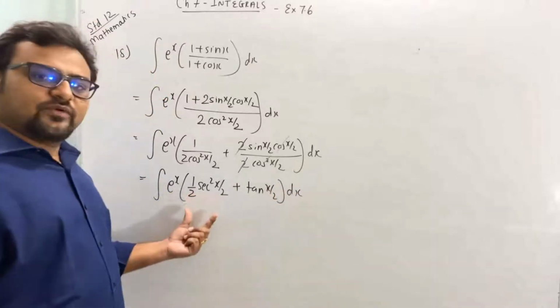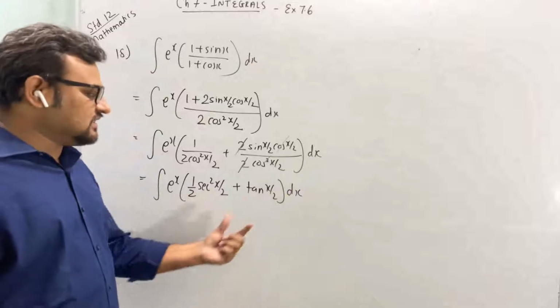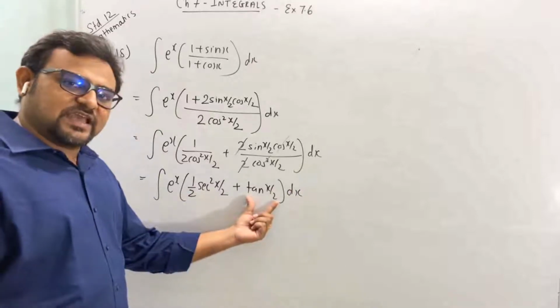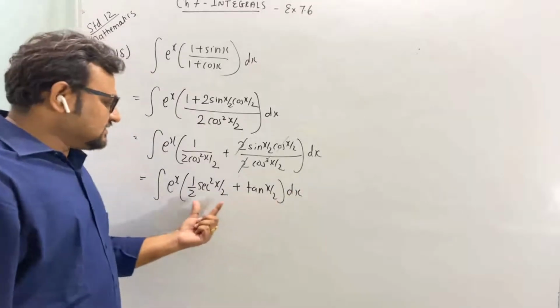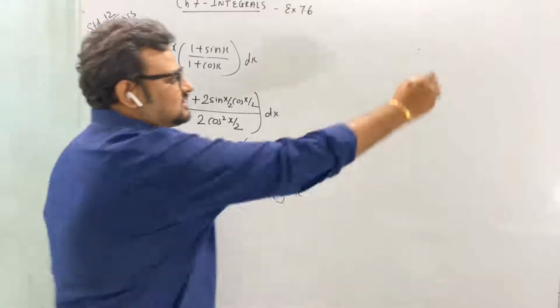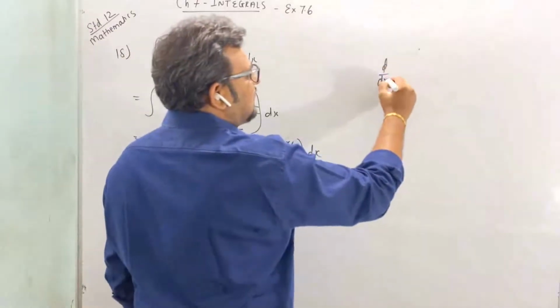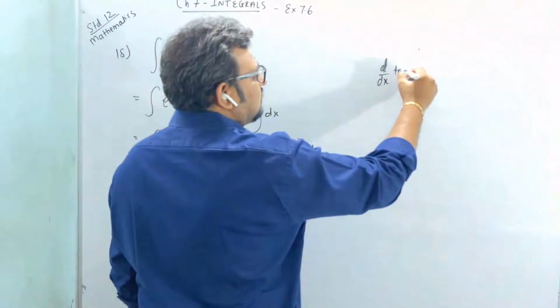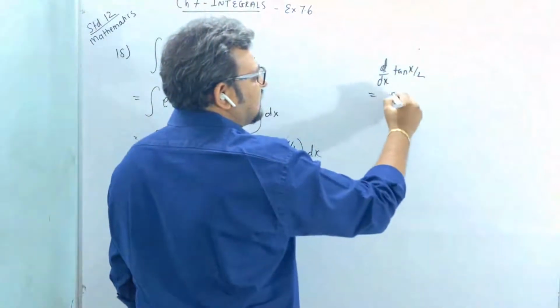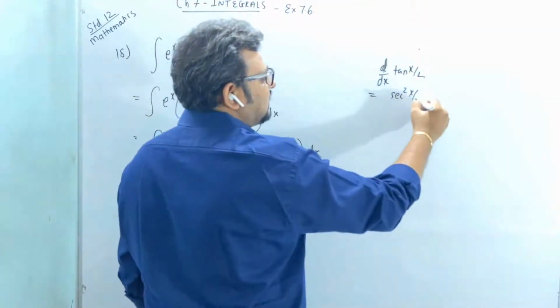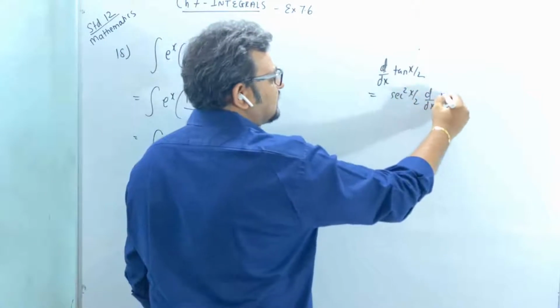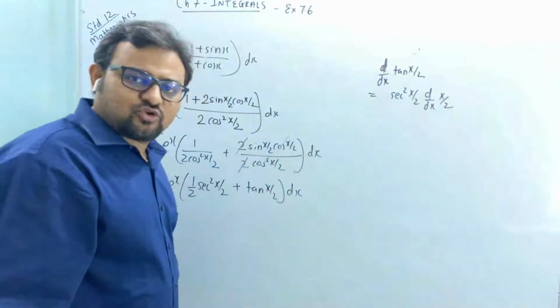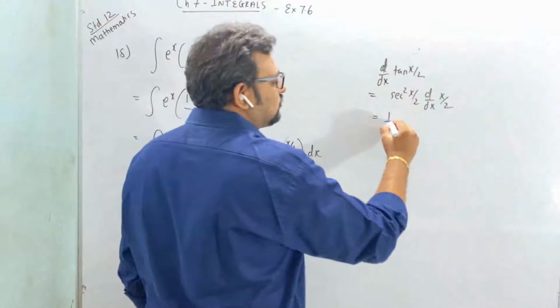So now one we will take f(x), another f'(x). If I take this as f(x), then its derivative is sec square. So let's see d by dx of tan x by 2, it's sec square x by 2 into d by dx of x by 2. The derivative of x by 2 is 1 by 2.